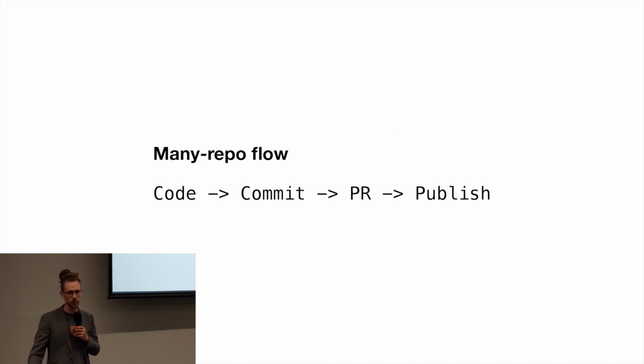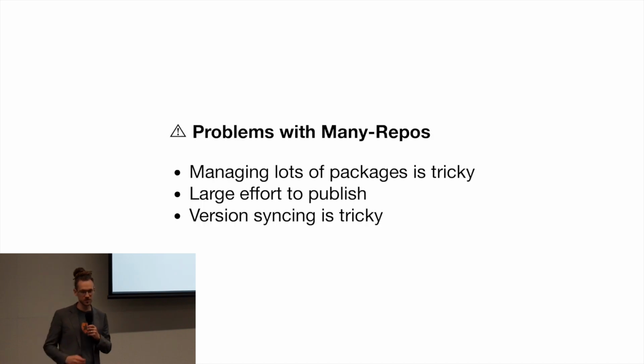The general flow for dealing with this, I'm sure you're familiar, is you code up a bit, you do a commit, get a PR approved, get it merged, and then you publish. Everything in this repo is the thing that I'm going to publish. It's the straightforward way of doing it. But this isn't perfect.